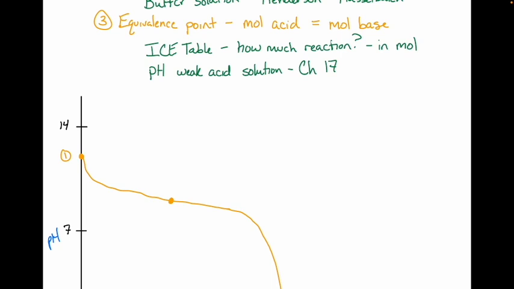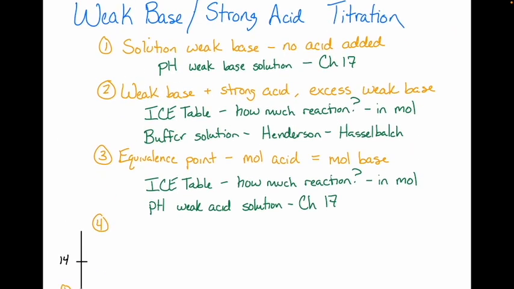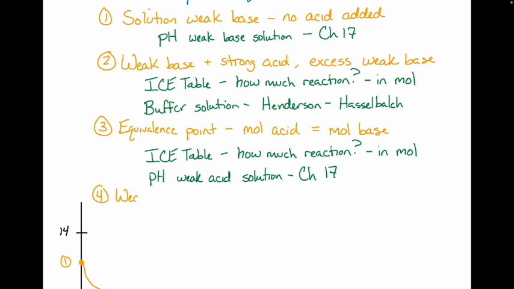Okay, so then my last point here is again my weak base plus my strong acid. But now I'm past that equivalence point. Not only have I added enough acid to react with my weak base, but then some, right?